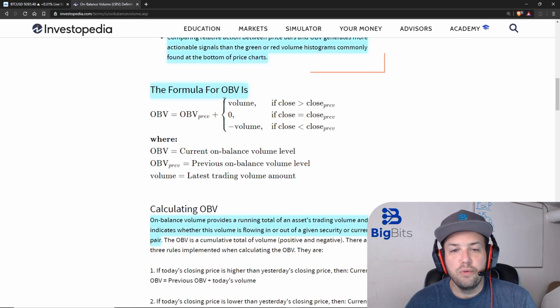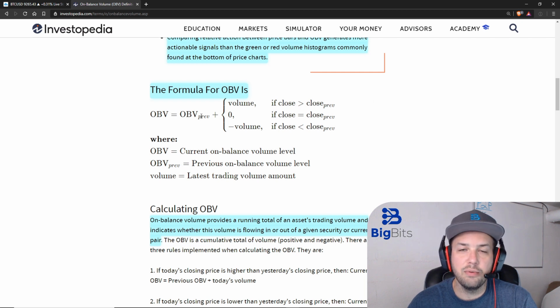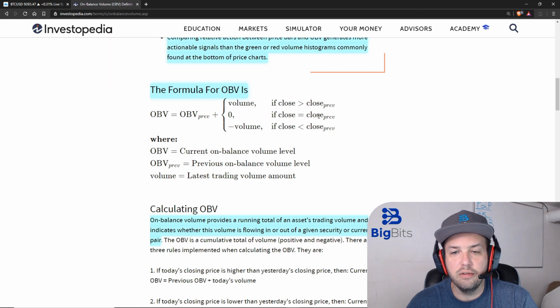And this is the formula for the OBV, and it is a very simple formula. It looks kind of confusing if you're not too familiar with the way these things are laid out, but essentially you're taking the previous value. So when you start out with 0, you're going to have 0 as the previous value. Then you're going to add onto that based on the current volume and the closing price currently and the candle before that.